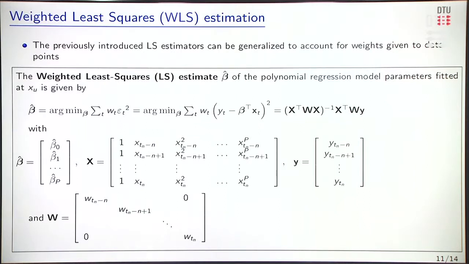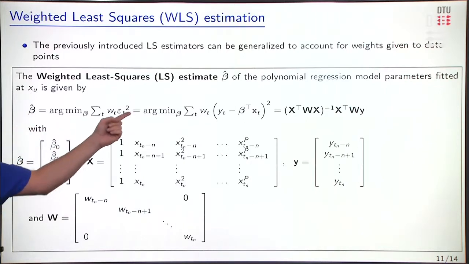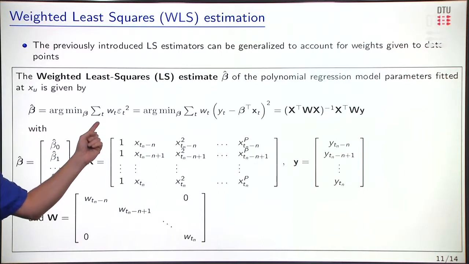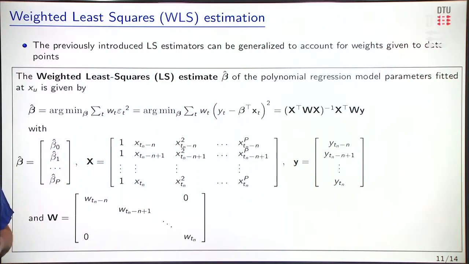For the polynomial regression we had before, the weighted least square estimate is going to be written as beta hat, like before. It will minimize the sum of squared errors, but these errors will be weighted. Each and every error is weighted by the value of the kernel function at the location of the data point.